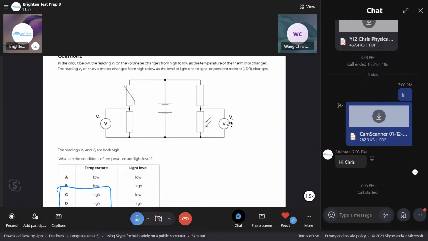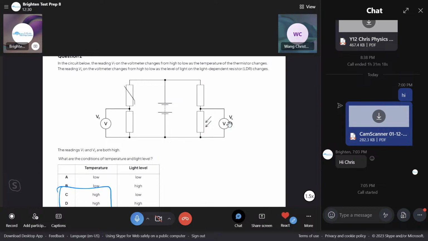So what is happening with the resistance of an LDR? Increase, huh? So when we now are being told the reading on the VL is high, what is therefore the resistance of the LDR? High. Also high. Just go back to your original statement before, because we clearly decrease, right?